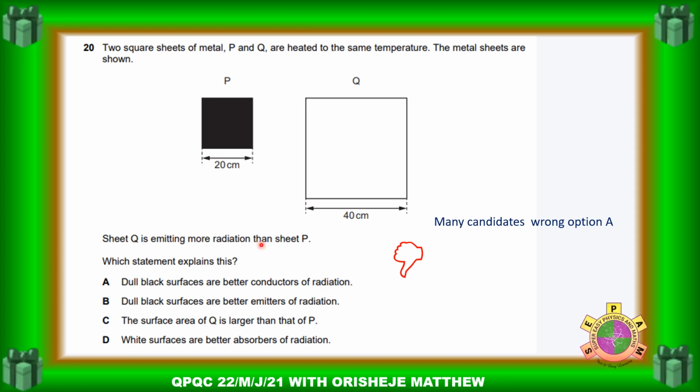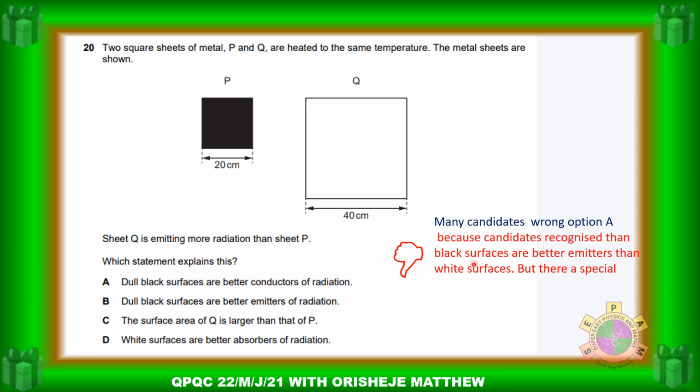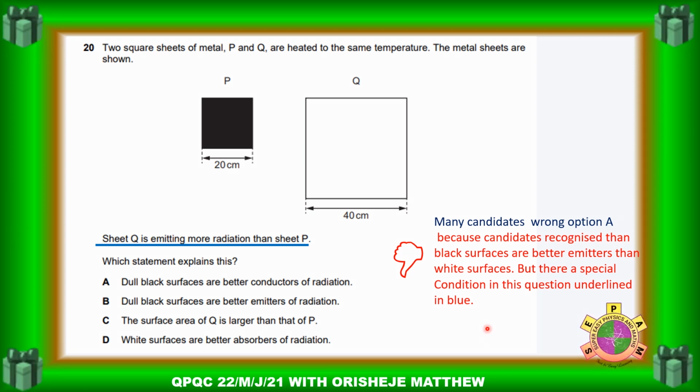Candidates recognize that black surfaces are better emitters than white surfaces, but there is a special condition in this question, underlined in blue. Most students did not read the question properly and look at the condition given.